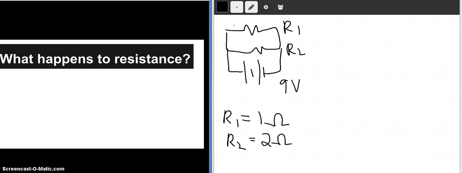So what happens to the resistance in a circuit like this? In a series circuit, we know that the more resistors you put in the way, the slower the electrons go, which means the overall resistance of the circuit would increase. Parallel is different. The more paths you put in for the electrons, the more choices they have, and the faster they can go, which means there is less resistance, there are fewer obstacles in their way.